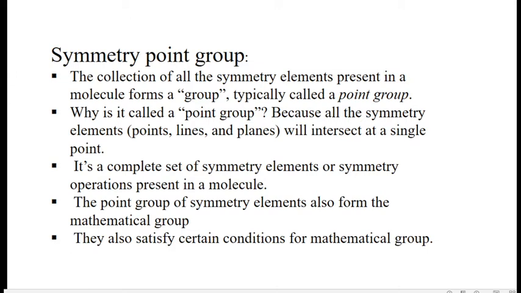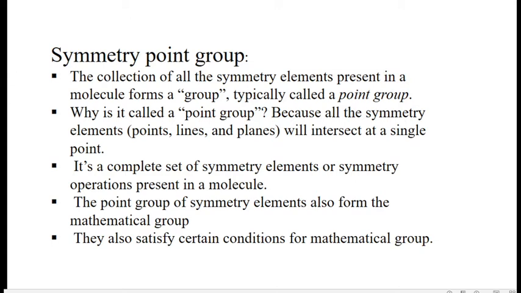And why is it called a point group? Because all the symmetry elements, for example points, lines and planes, will intersect at one common point, the center of mass of the molecule. So all the symmetry elements or symmetry operations meet at one point in the center of the molecule, right?